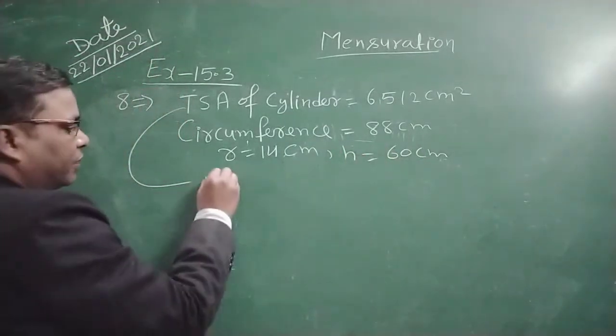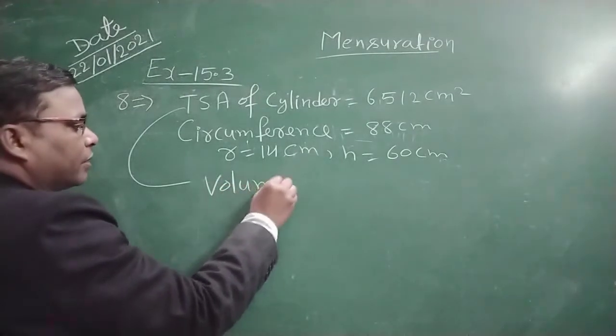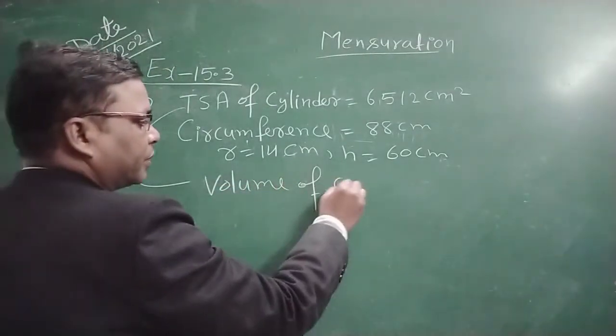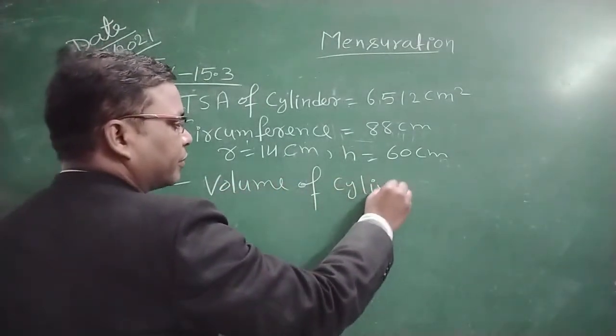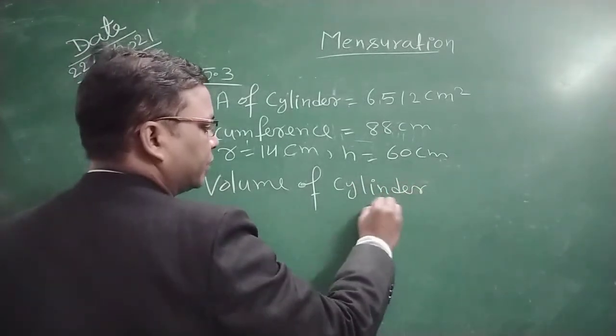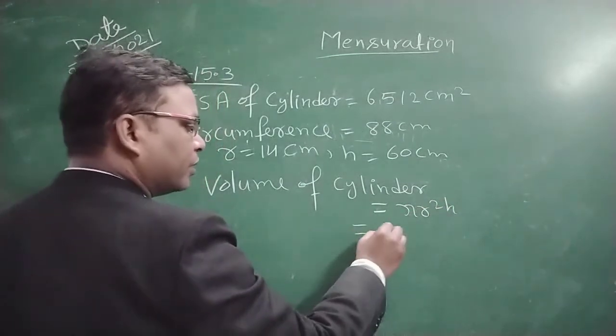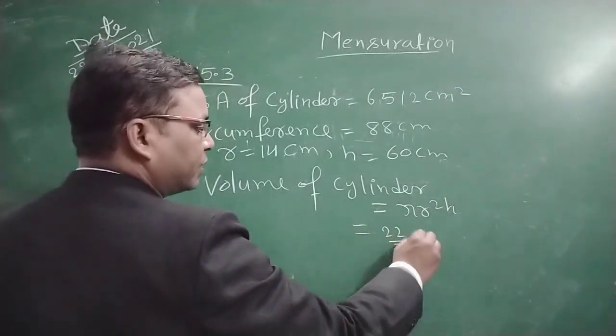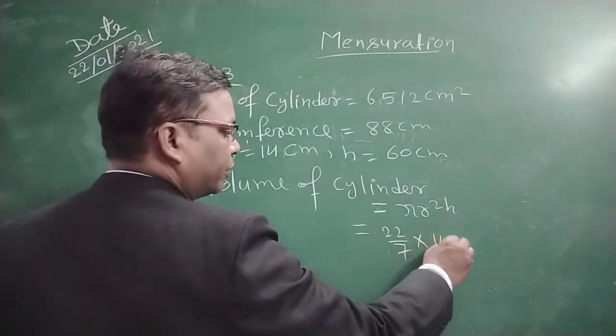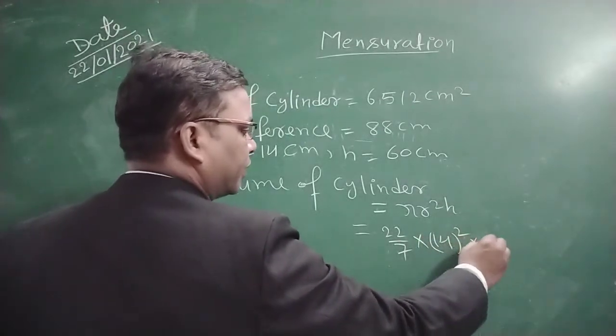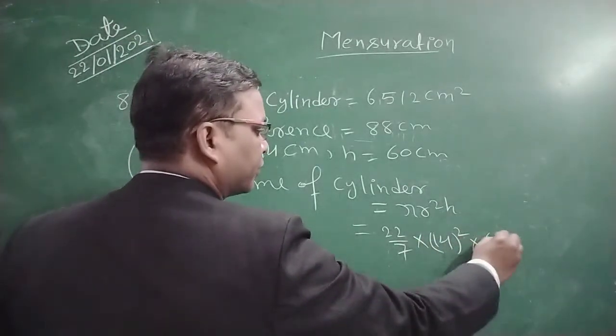So the volume of the cylinder is equal to pi r square h. So pi is 22 by 7, r is 14 square and h is 60.